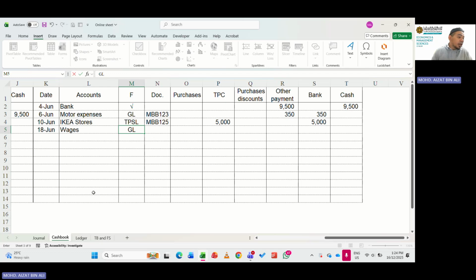The check number is MBB130, and the amount is 1,500 ringgit, which also appears in other payment, 1,500 ringgit. Because it is a payment of expenses, we record this in the general ledger simultaneously.